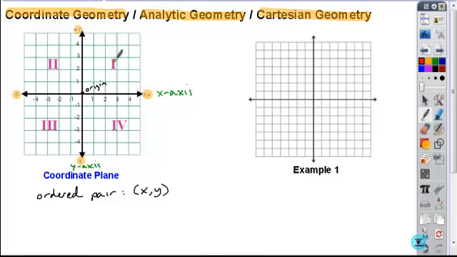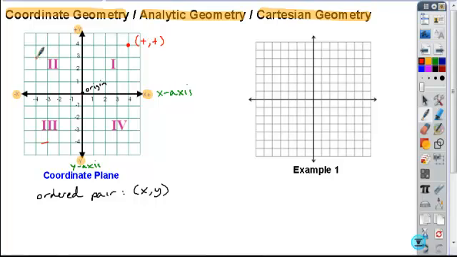Okay, so when you're looking at this, the two axes that intersect split a coordinate plane into 4 quadrants. They start in the upper right and move counterclockwise. So here's quadrant 1, 2, 3, and 4. Okay, and there's some general tendencies as far as the coordinates go for these ordered pairs. If you have a set of coordinates in the first quadrant, its x-coordinate will be positive, its y-coordinate will be positive.